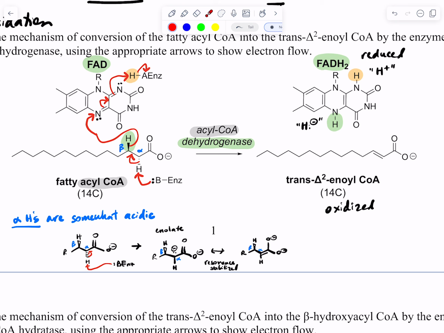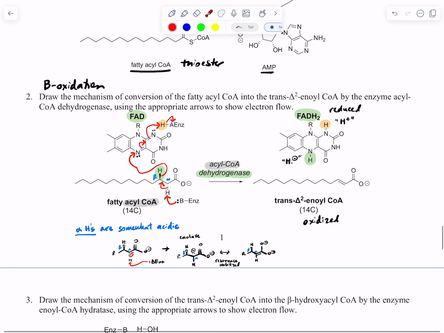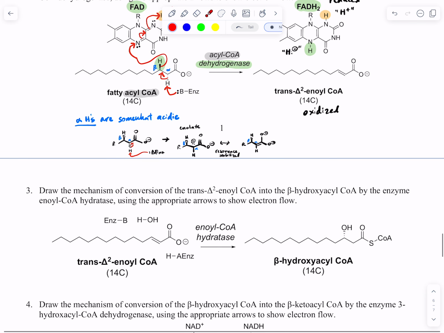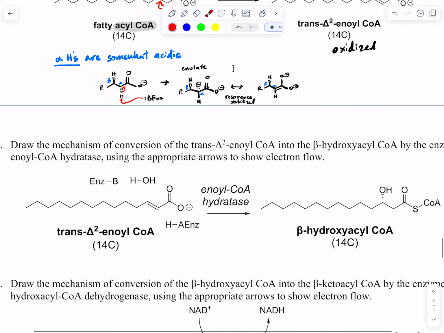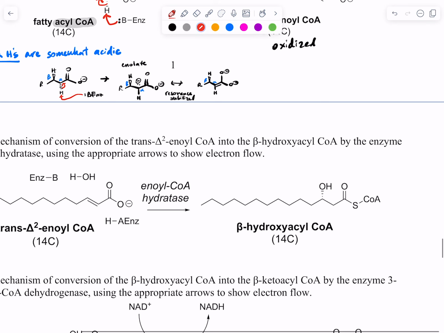Okay, so that's our first oxidation step for beta oxidation. The second reaction is not an oxidation reaction. It's simply a hydration reaction where we're going to add water to the molecule. We're going to trade a carbon-carbon pi bond for a new carbon-hydrogen sigma bond on the alpha carbon and a new carbon-oxygen sigma bond on the beta carbon.